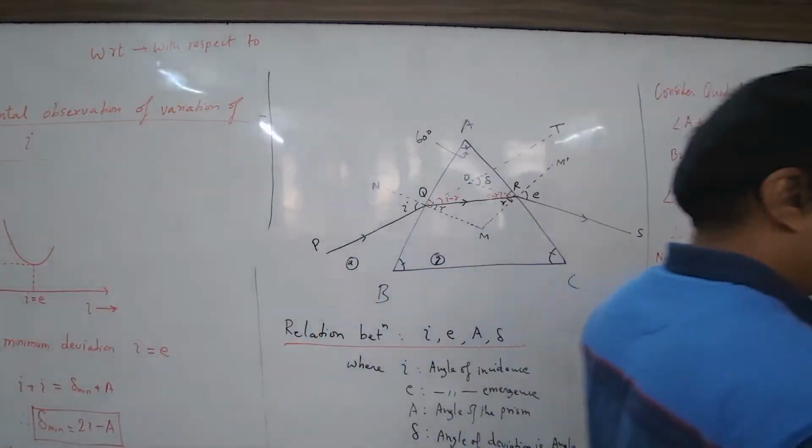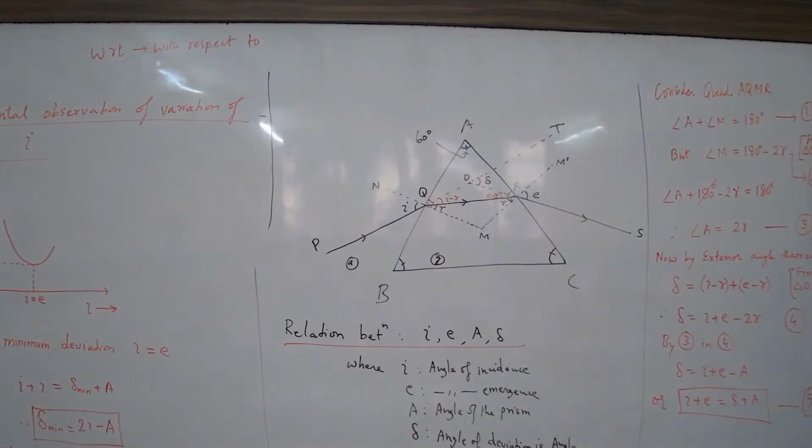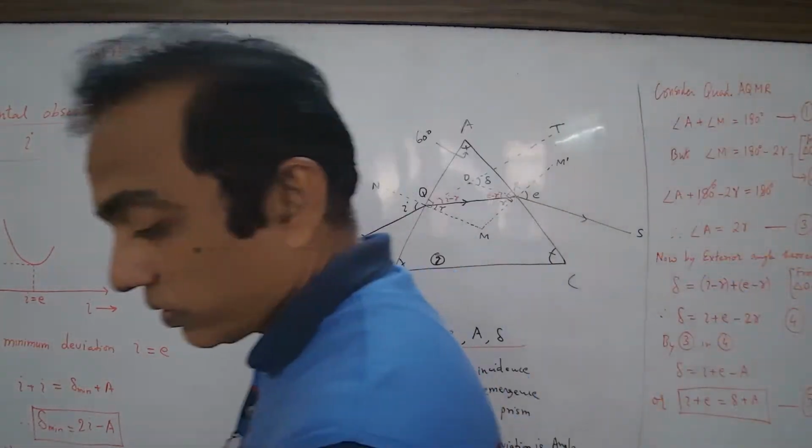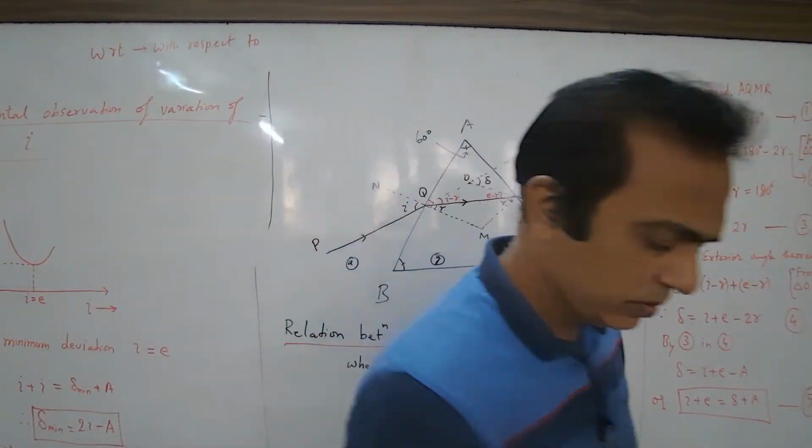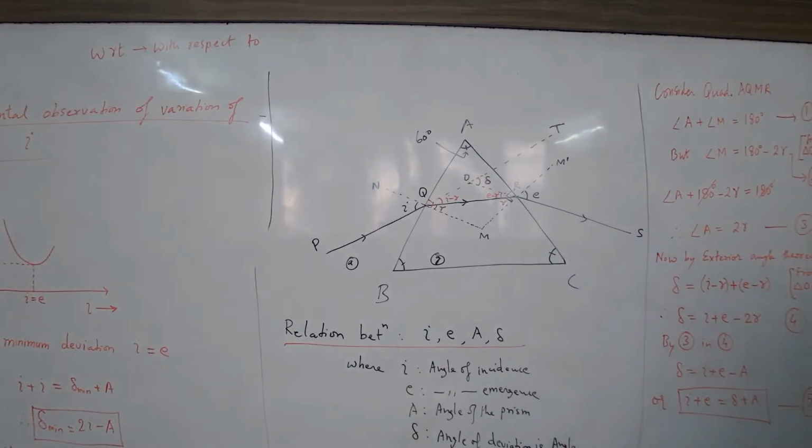Okay, finish writing. Delta minimum cannot increase. Delta minimum is just one value.